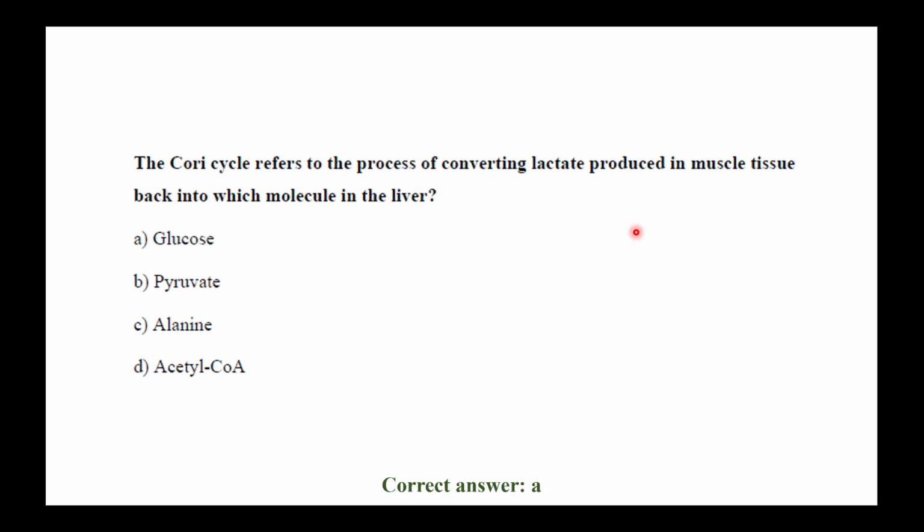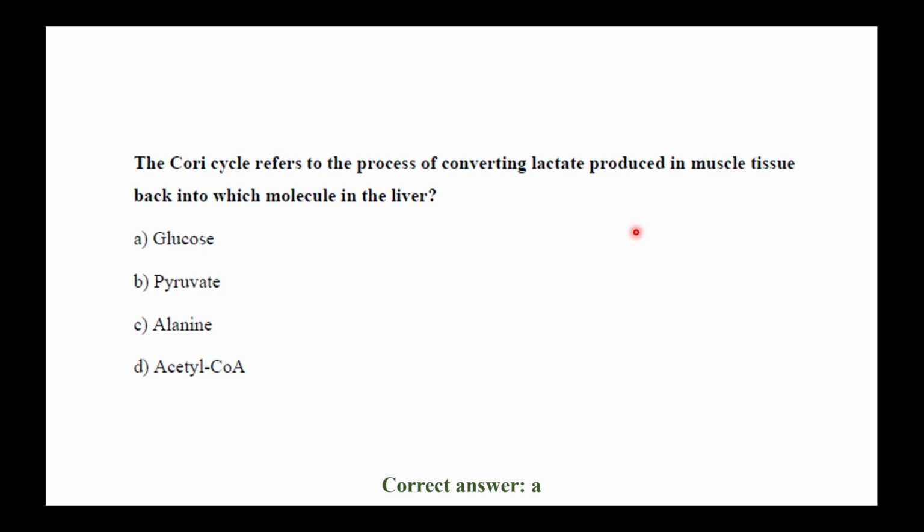Why that happens is due to the production of lactic acid or lactate. So when our body needs energy, it performs glycolysis. It continuously converts glucose into pyruvate, and then pyruvate gets converted into acetyl coenzyme A, entering the TCA cycle and ultimately generating ATP.